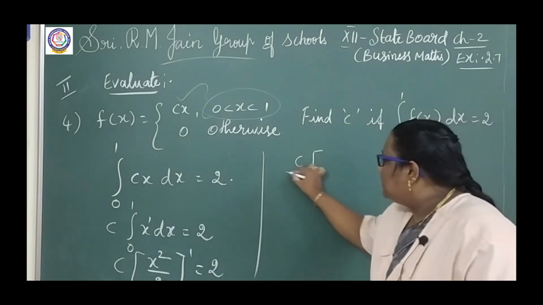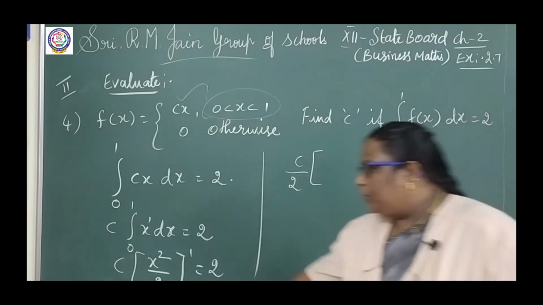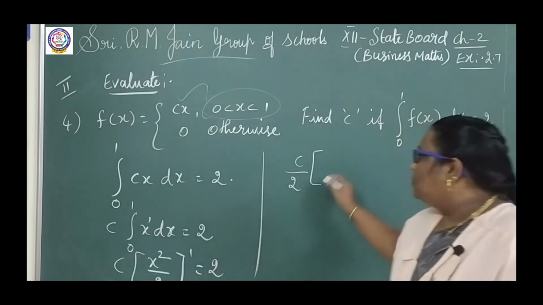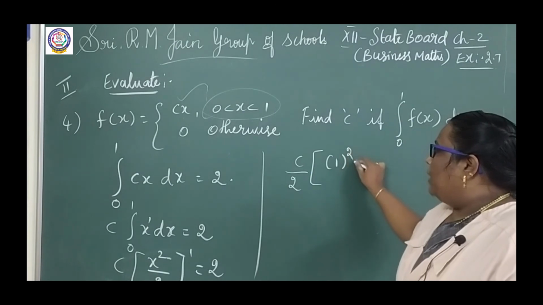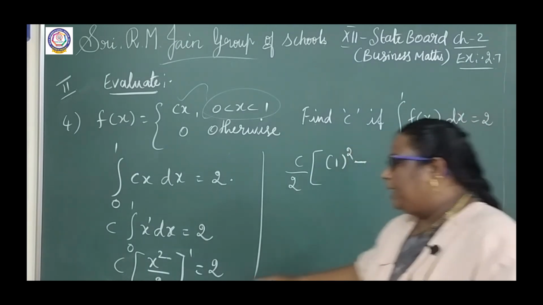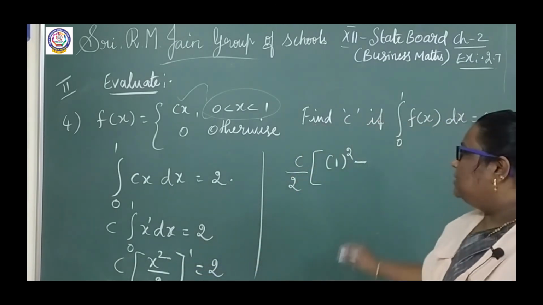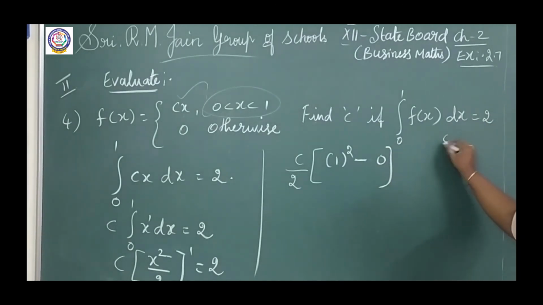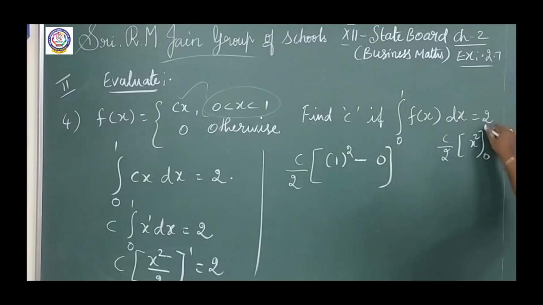You can take c by 2 out, since 2 is also constant: c by 2 into x square, limit 0 to 1, equals 2.